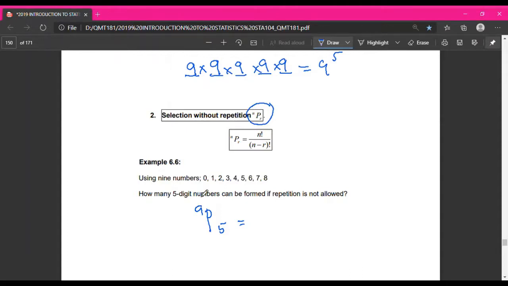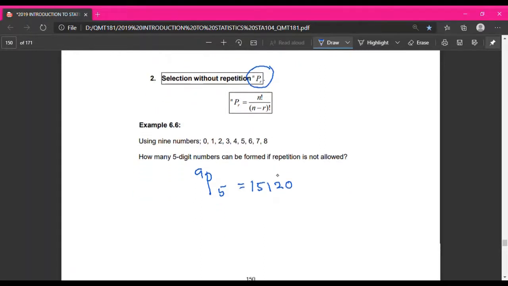So kalau kita guna calculator 9, shift darab. Okay, akan keluar P. Lepas tu 5. 9P5. Okay, the answer will be 15120.